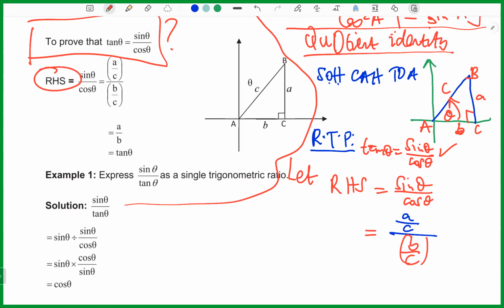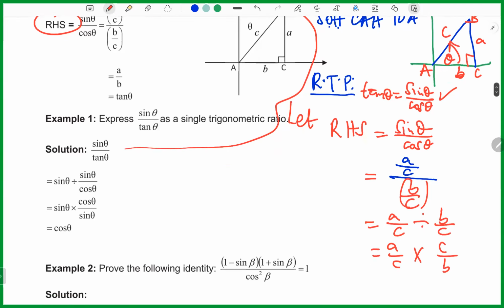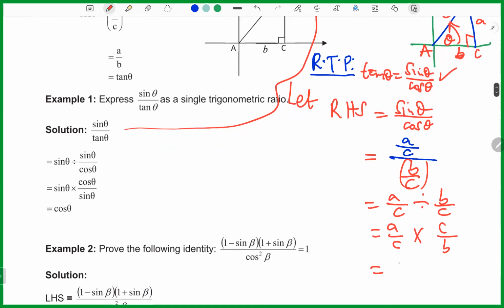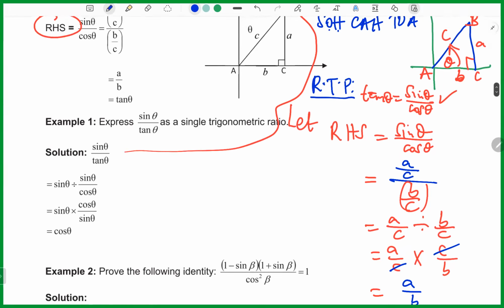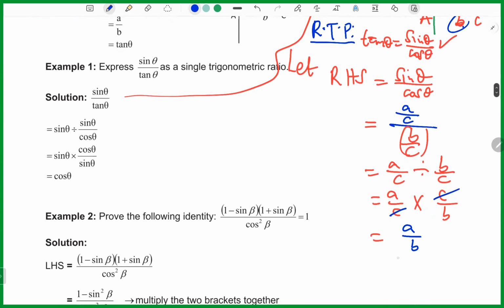Right. We continue now. So if we have this, then this A over C, we divide it by B over C, is A over C multiplied by the reciprocal, C over B. So this is the same as A over B. Now, if this is the diagram, or my diagram, A over B is opposite over adjacent, and it is the tangent of theta.